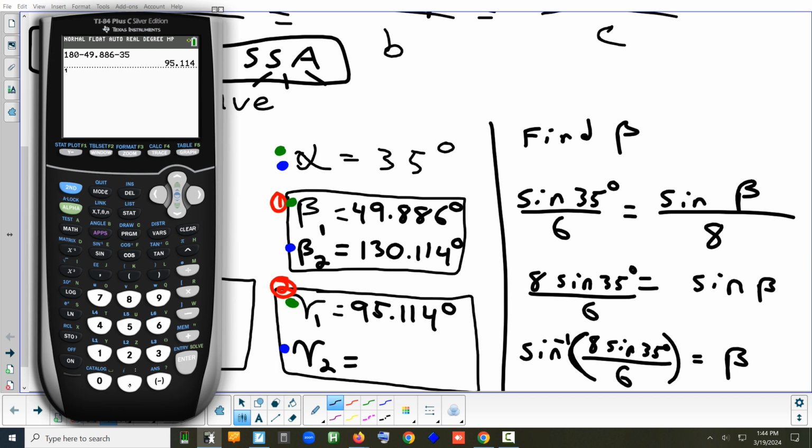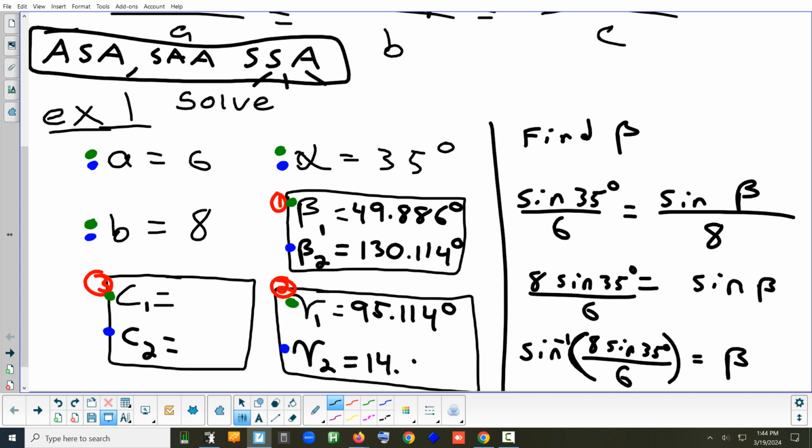Minus 165.114, and that's 14.886. Yeah, 14.886. All right. Now we don't have any empty rows. That's good. Since the last two rows now have information, we can find C1 and C2.